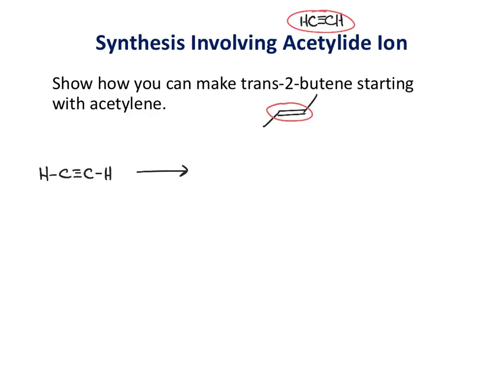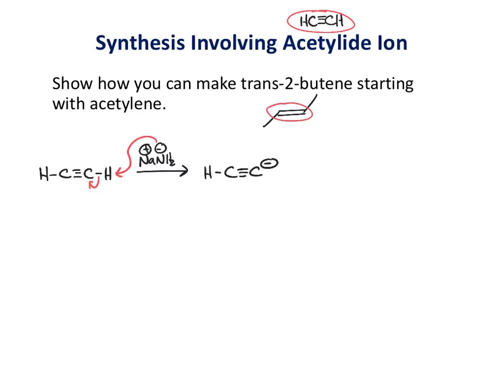These protons are acidic, so you can treat them with a base. The most common is something like, let's do it in steps, NaNH2. That will deprotonate acetylene to give you this acetylide ion.